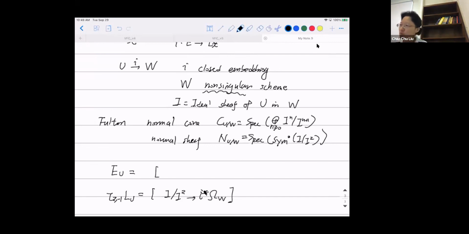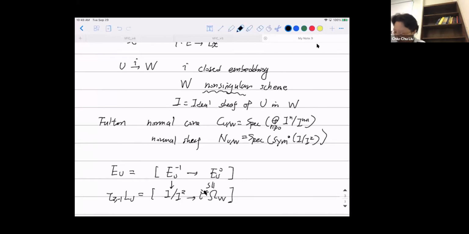And now we may assume that locally we can choose these to be vector bundles, and we can assume this is an isomorphism, this is a surjection.